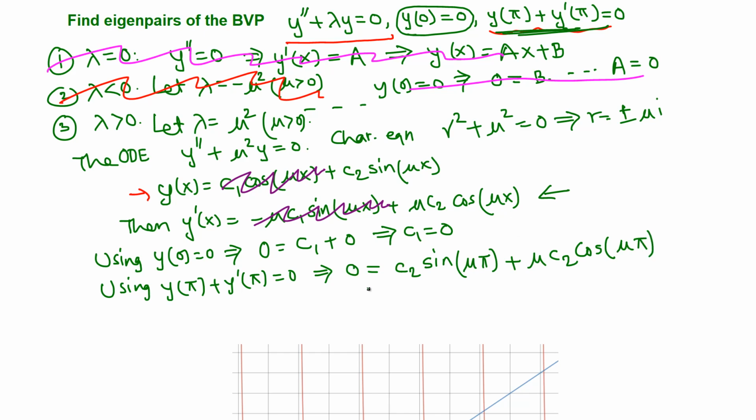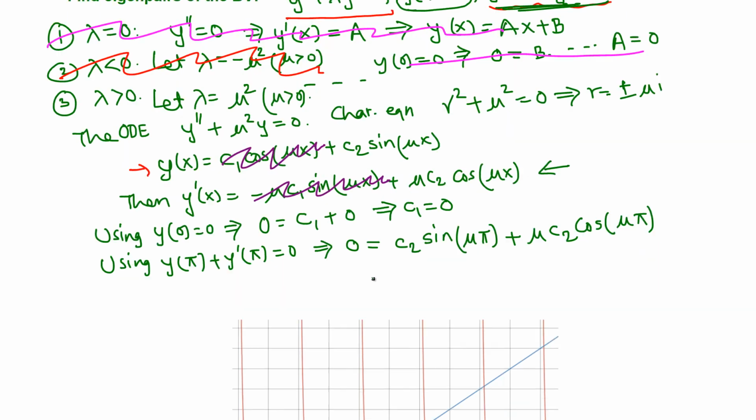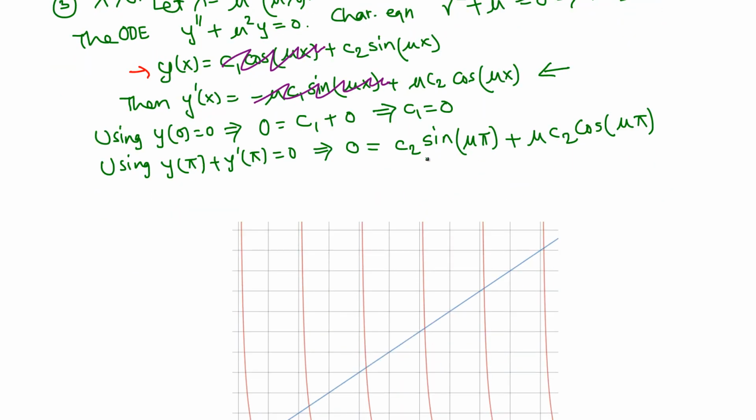That equals 0. I wrote 0 on the left side. Look at here, we can factor c2 out. That leaves sin(μπ) + μ cos(μπ) = 0.